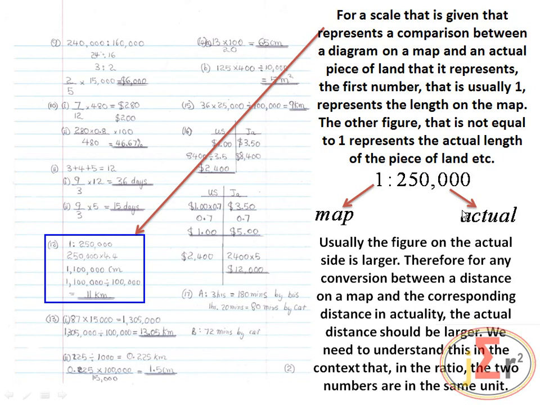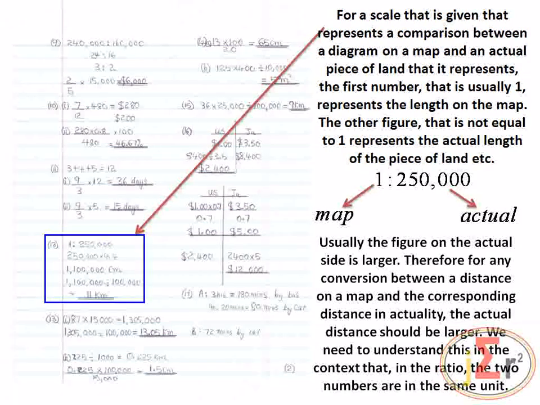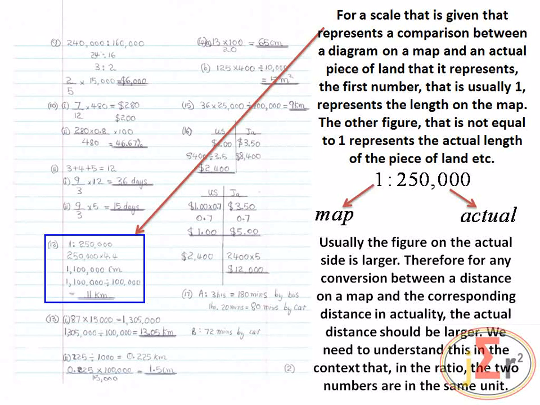Well, if you draw a map to a particular scale, if you're drawing the map of a city, then what you have on your diagram is expected to be smaller than the actual length in the city.